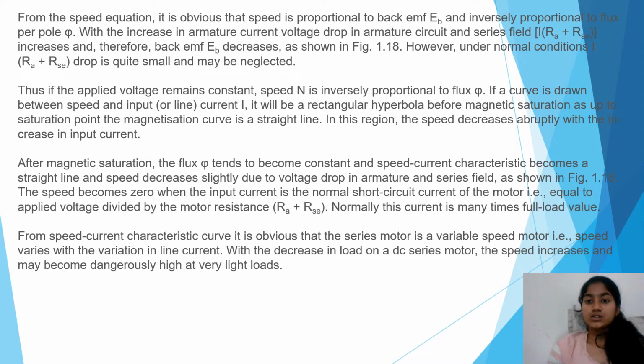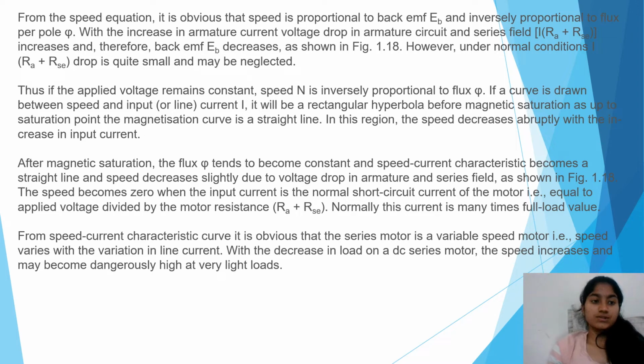However, under normal conditions, the Ra plus Rc drop is quite small and may be neglected. Thus, if the applied voltage remains constant, speed N is inversely proportional to flux.